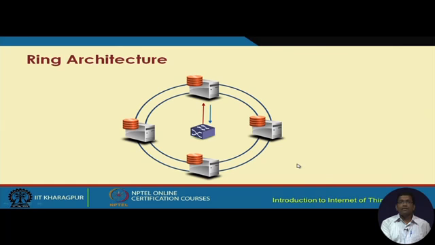Then we have the ring architecture. Here we have a similar kind of thing, but we have to keep in mind that the controllers are placed in a ring-like fashion. We have multiple controllers placed like this, but a particular switch is connected to only one controller.